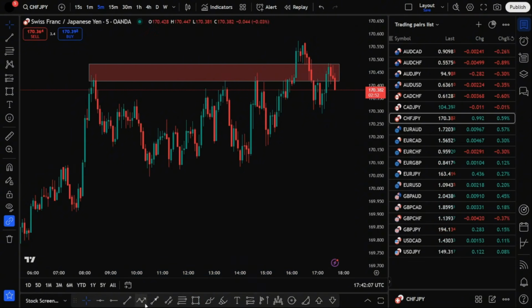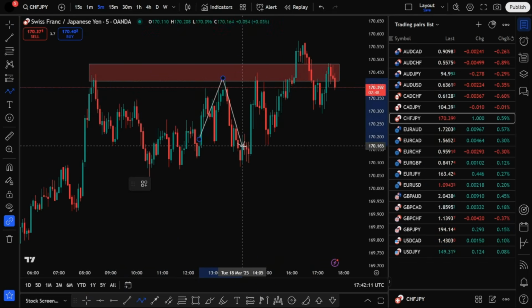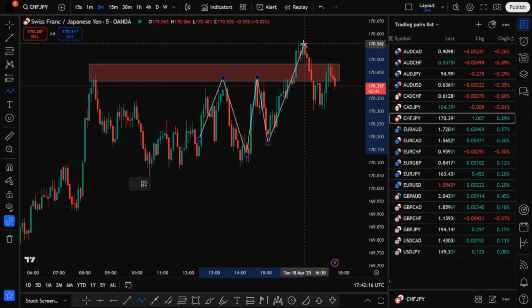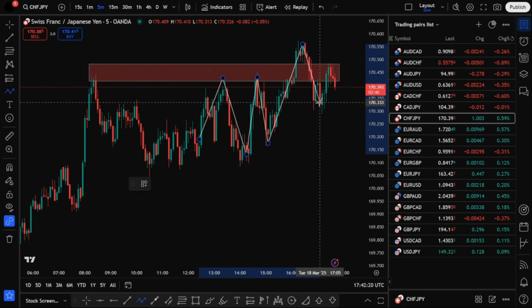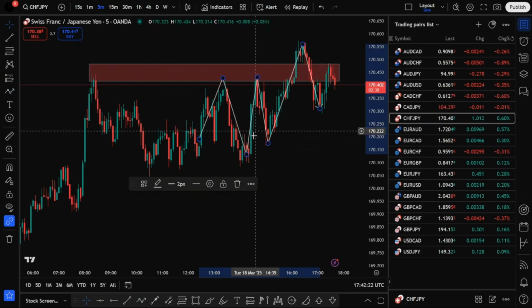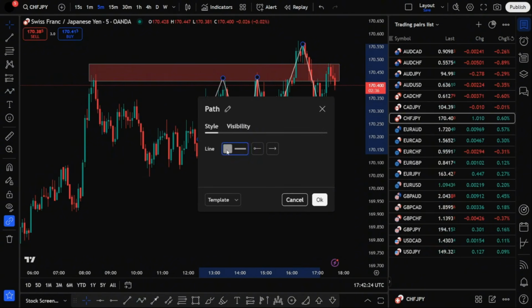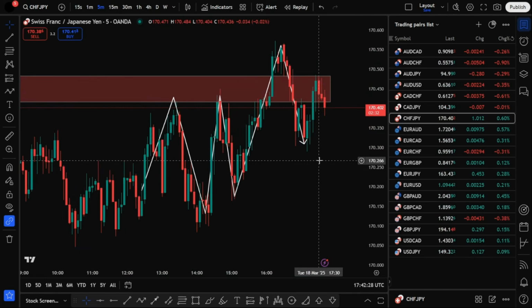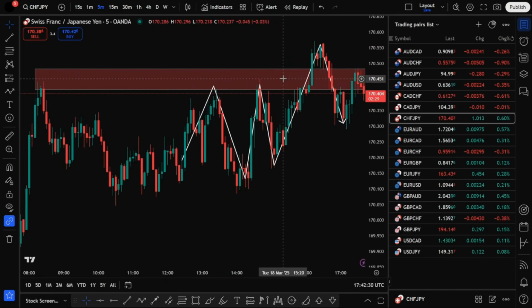Price has tried to break it multiple times but keeps getting rejected. One false breakout, but it pulled back immediately. That's a strong signal. Buyers can't push the market up. This level is still valid and the market respects it.